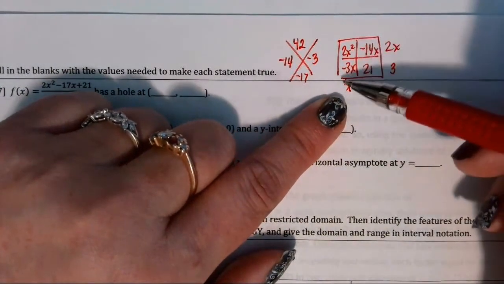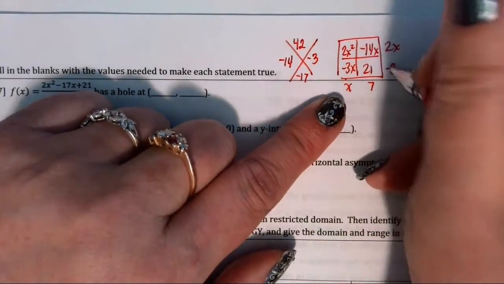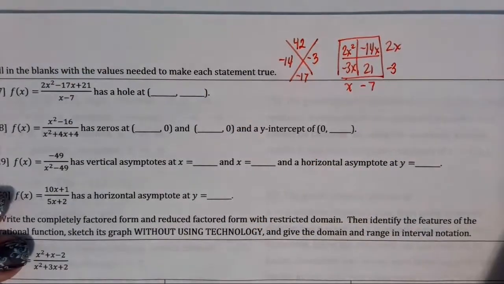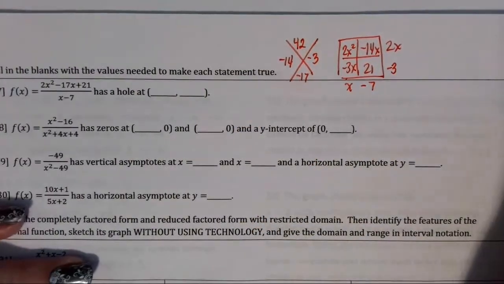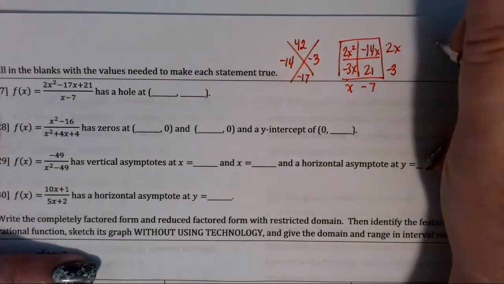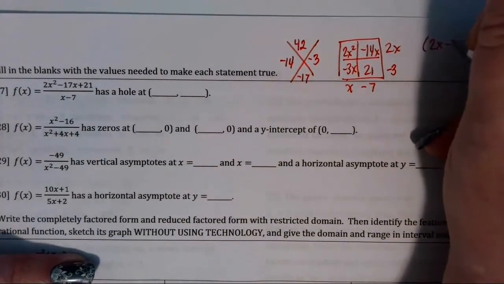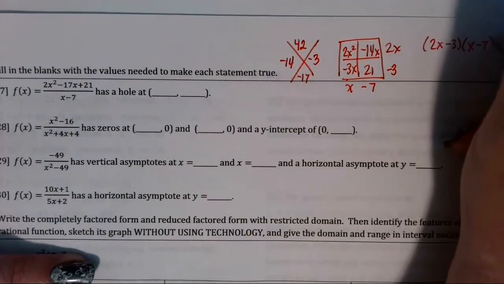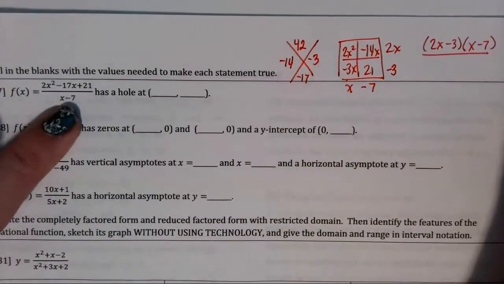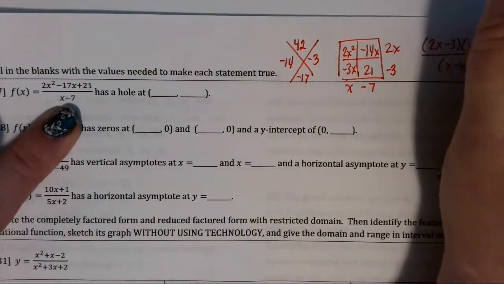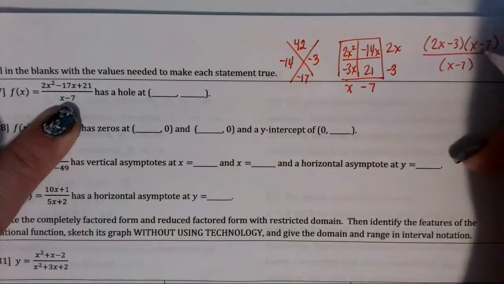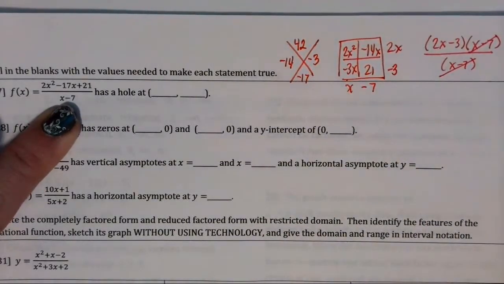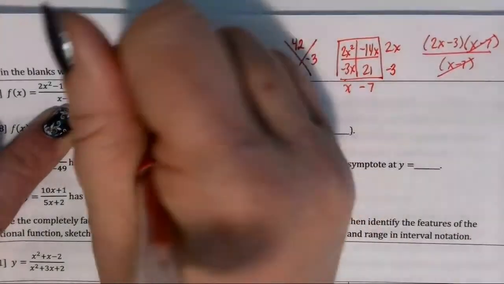Since the diagonal is negative, both of these factors are going to have a minus in the middle, and so my factored form is 2x minus 3, x minus 7, and then the denominator was x minus 7. So I can see that my factor of x minus 7 cancels from the numerator and denominator, and that's what forms the hole.